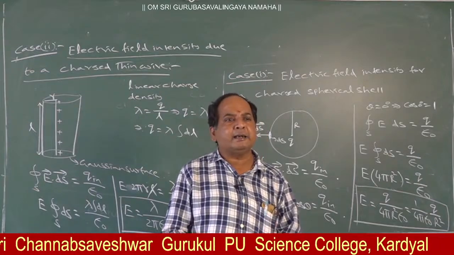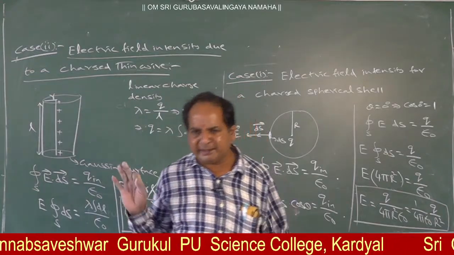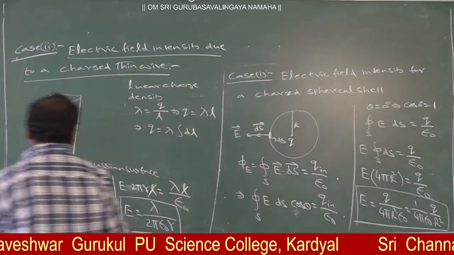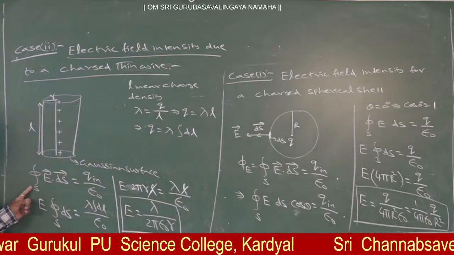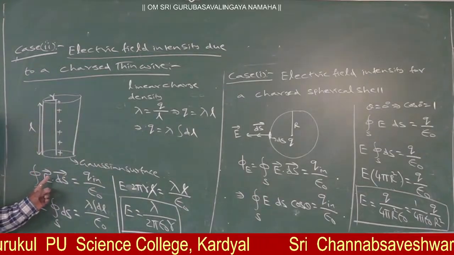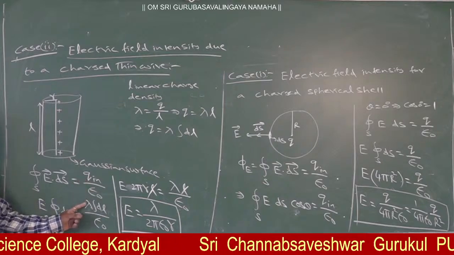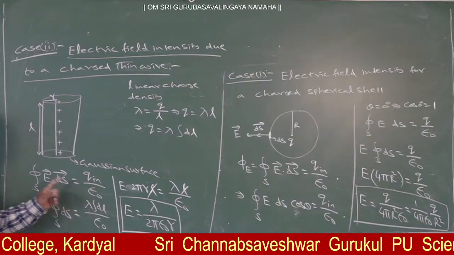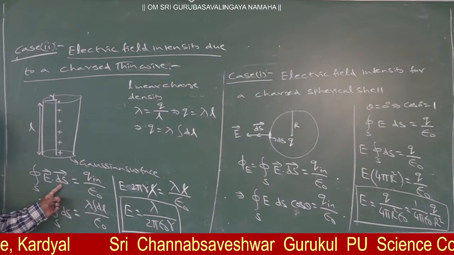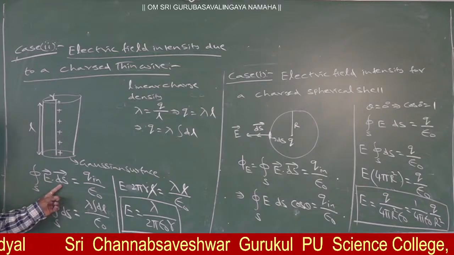If you practice, the application is very easy. First, the surface integral E bar dot ds bar is equal to Q in by epsilon naught. For any surface here, the angle is 0.